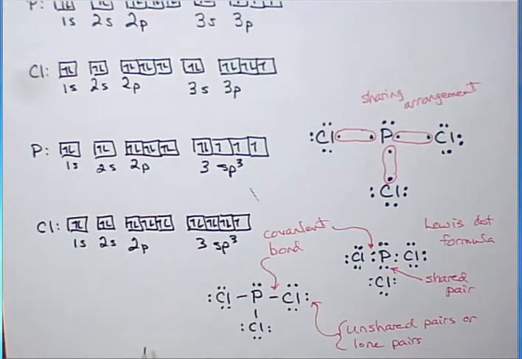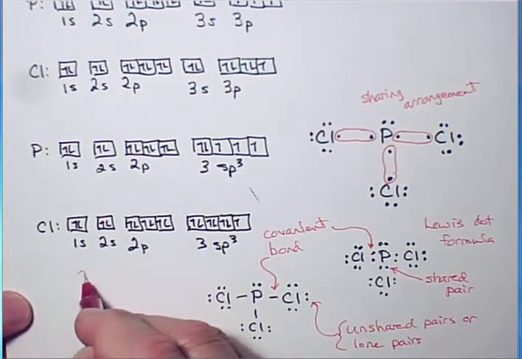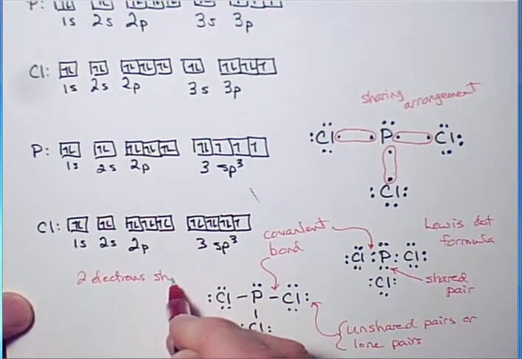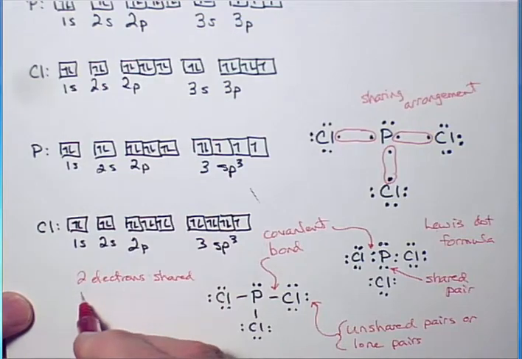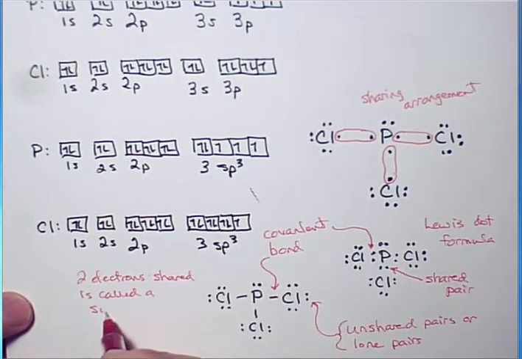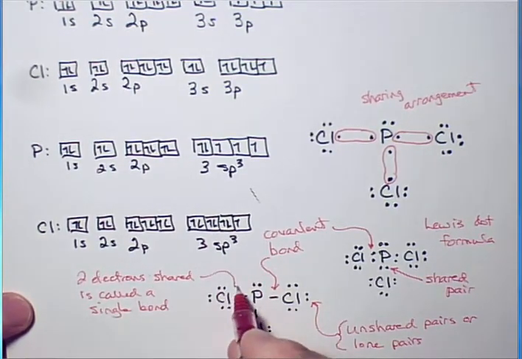We'll do more of this tomorrow, but whenever we have just 2 electrons shared like that, it is called a single bond. Okay, 2 electrons shared is called a single bond.